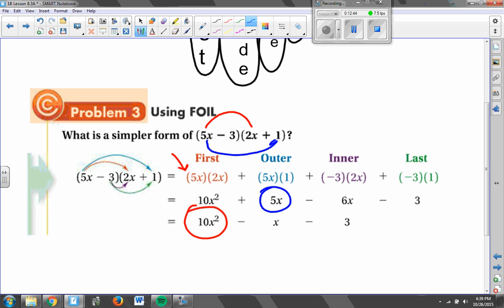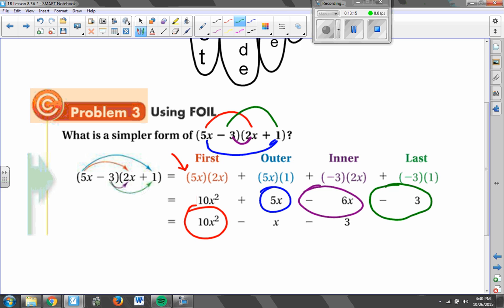You just go inside. Right here, inside pieces, 3 and 2x, in fact a negative 3 and 2x. Negative 3 and 2x gives them a minus 6x. And then last, but not least, certainly, is the last term in each set of parentheses, the minus 3 and the positive 1. Minus 3 and positive 1 together gives us negative 3 when we multiply.